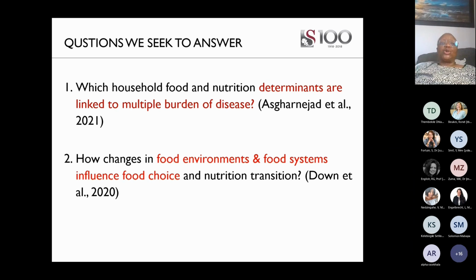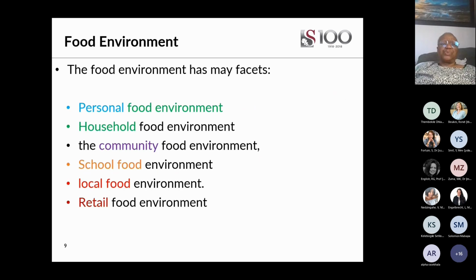So in food environment we also seek to determine nutrition determinants that are linked to the multiple burden of disease, but we also talk about food environments and food choice systems and how they influence food choice and nutrition transition.